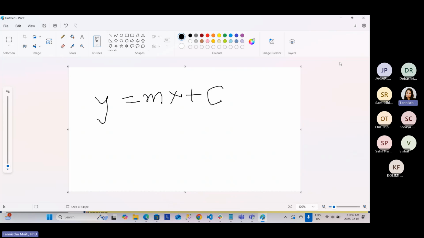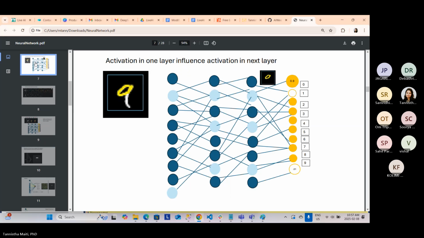So let's look at this concept again. That was my input layer, and this input layer has to be somehow connected to my hidden layer 1. So how do you get a value of this to begin with?